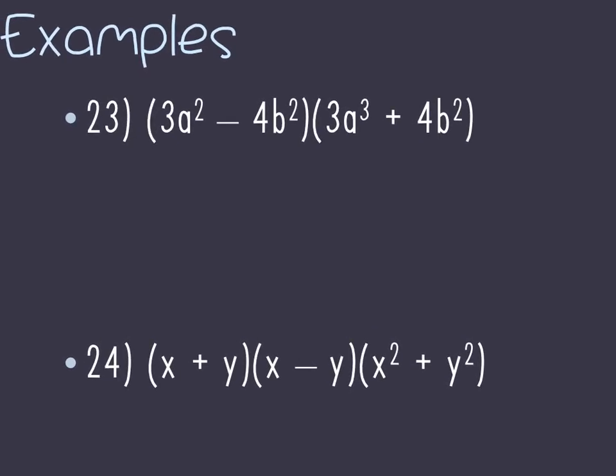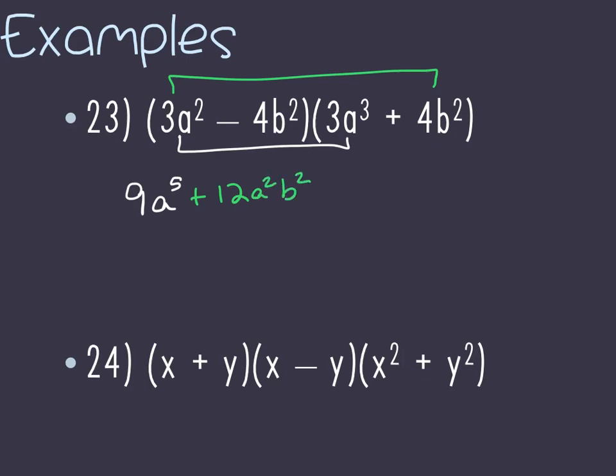So again, this looks like it would produce, well, notice these aren't the same. This is to the third and this is squared. So on this one, I'm just FOILing. So multiply here, you would get 9a to the 5th. Over here, 12a squared b squared.